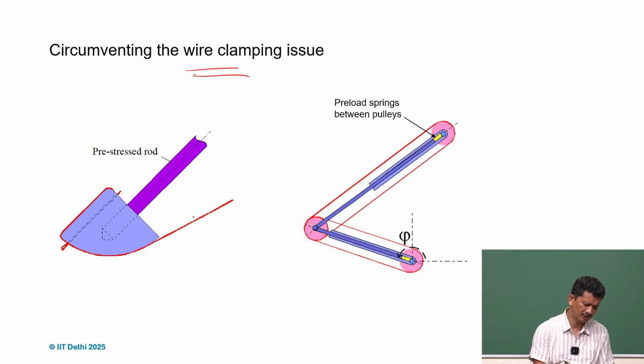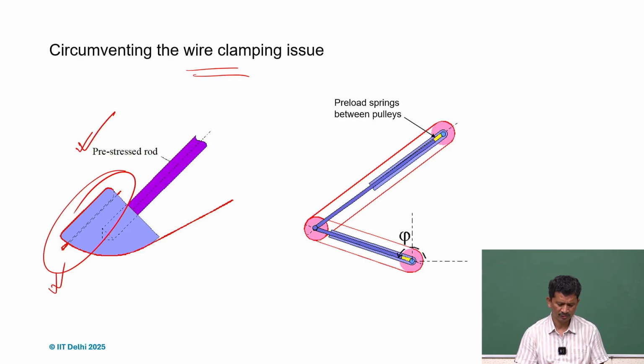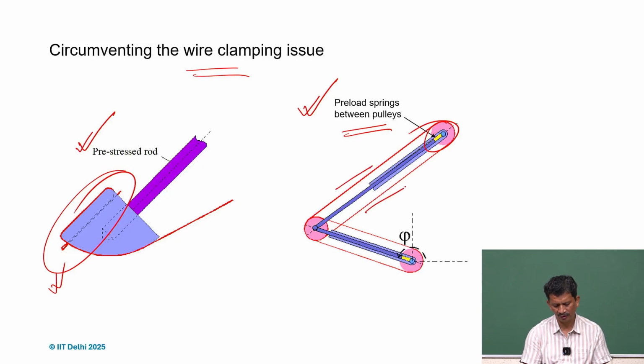Yes, clamping is an issue, so many times we have to check how to route it and then clamp it, and use a pre-stress rod to get that tension in the cables. And like in many designs, we can have springs here for pre-tension, so that the loading here is always in tension. And here again, a very beautiful mechanism, a parallelogram mechanism.